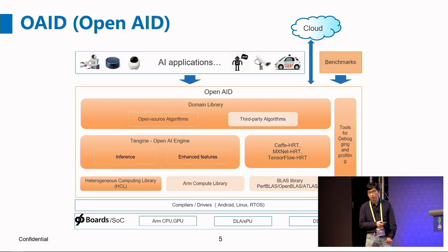We also have our own framework, it's T-Engine, but it's just for inference, not supporting training. For the T-Engine, we also support more features. Here, we named it enhanced feature, like security. Also support heterogeneous dynamic scheduling. Also support some domain operators, like that.